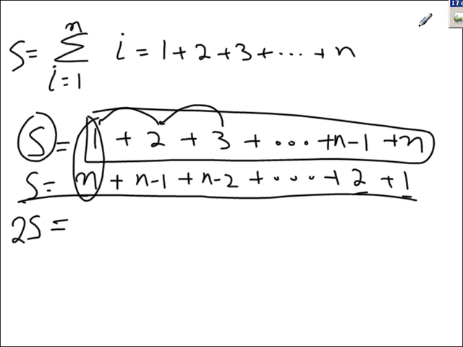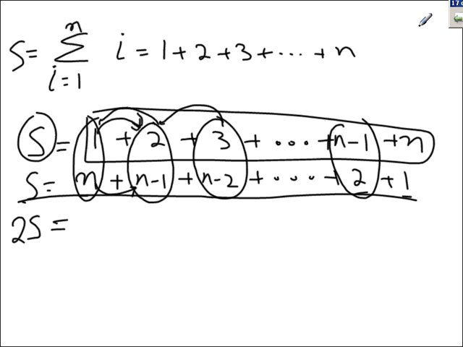When you add those numbers, you get n plus 1. When you add those numbers, you also get n plus 1. I mean, if I make one number 1 larger and the other number 1 smaller, the sum is going to still be the same. These add up to n plus 1. These add up to n plus 1. These add up to n plus 1.